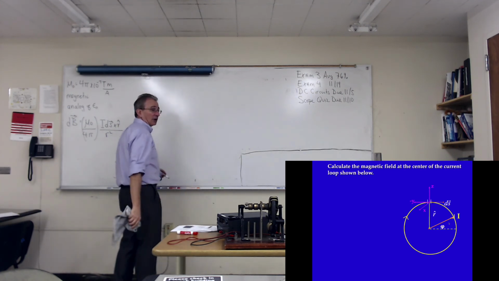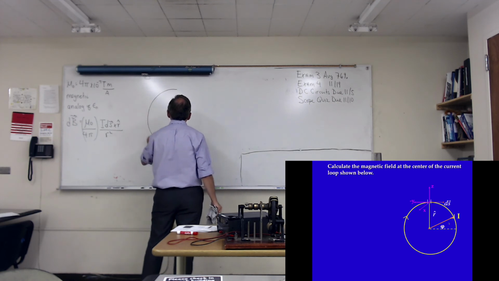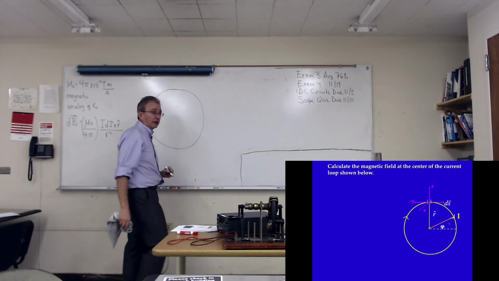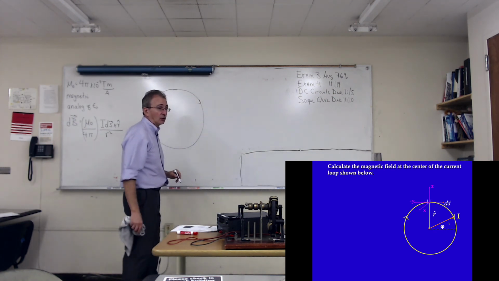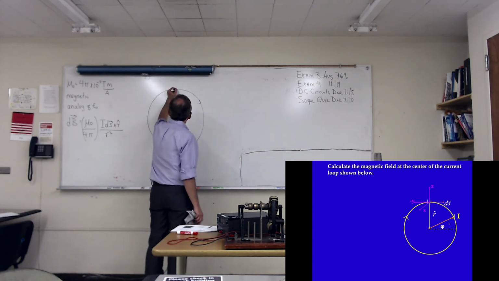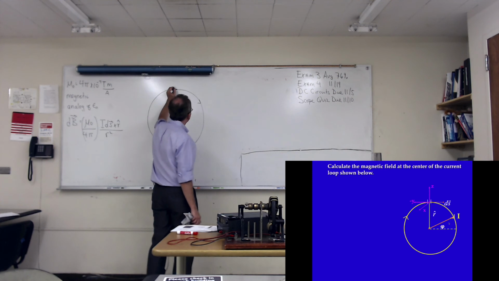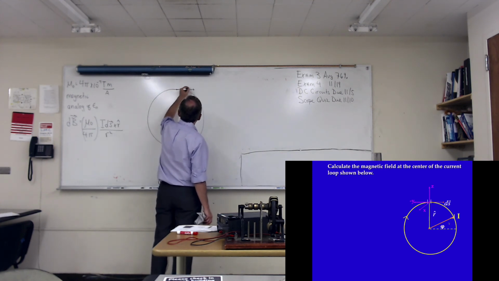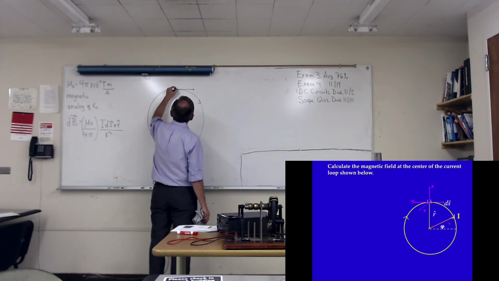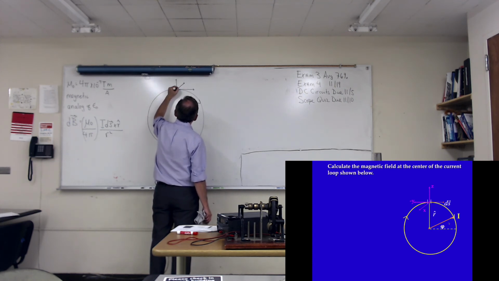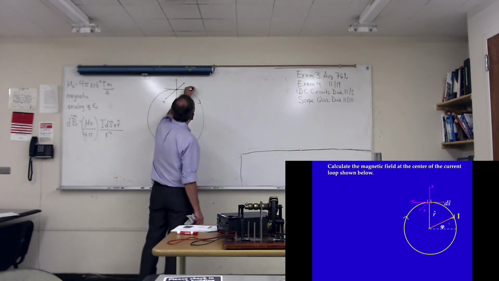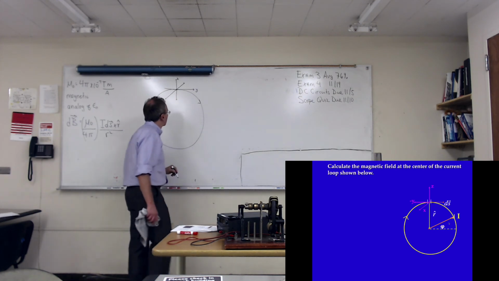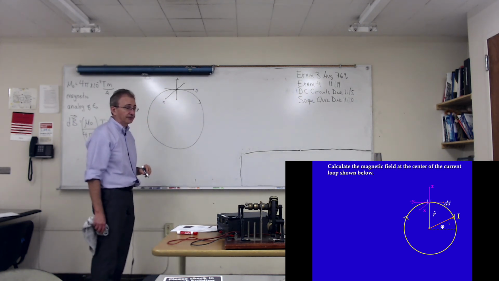All right, so let me draw a picture. I have a current carrying wire. The current's clockwise. And my coordinate system, for some reason I changed coordinate system in the chapter. I don't know why I did that. Sorry. So my coordinate system, x, y, z.